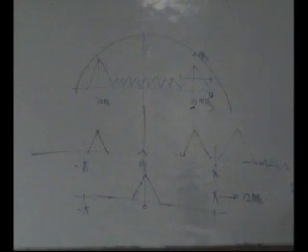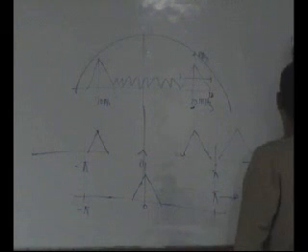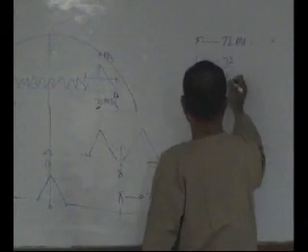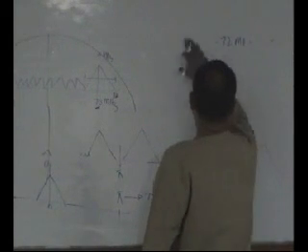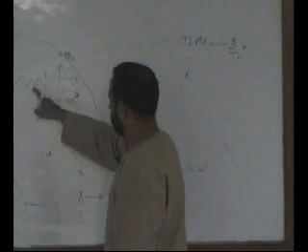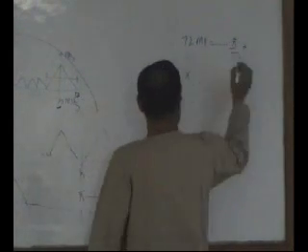So if pi corresponds to 72 megahertz, then 1 megahertz corresponds to pi over 72, and 2 megahertz corresponds to pi over 36.